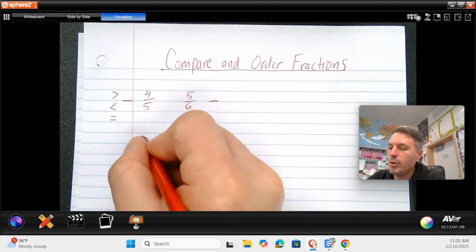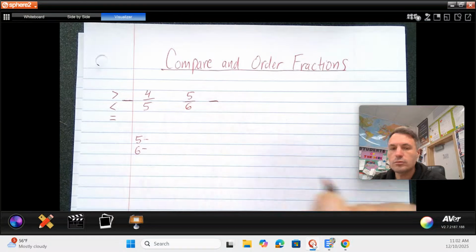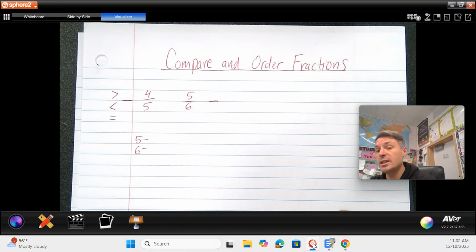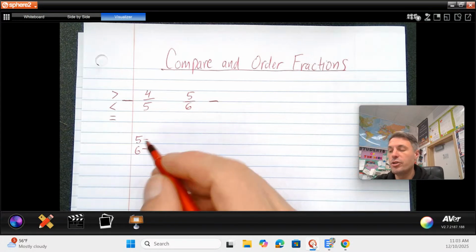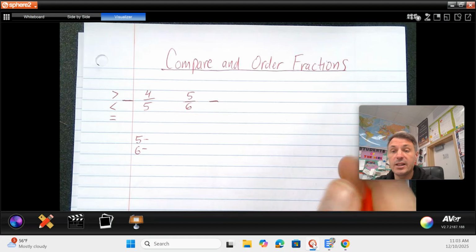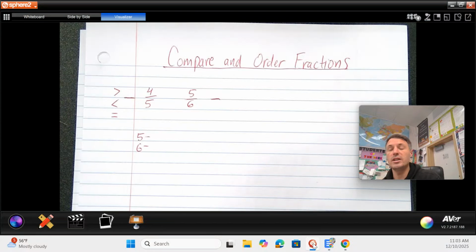Okay, here's how we do that. First of all, you take both denominators and you list the multiples for both denominators until you find a number that's in both lists. In other words, you're looking for the least common multiple, also called the LCM. So you just count by 5s and you count by 6s until you find the first multiple that both 5 and 6 have in common. That's their smallest or least common multiple.